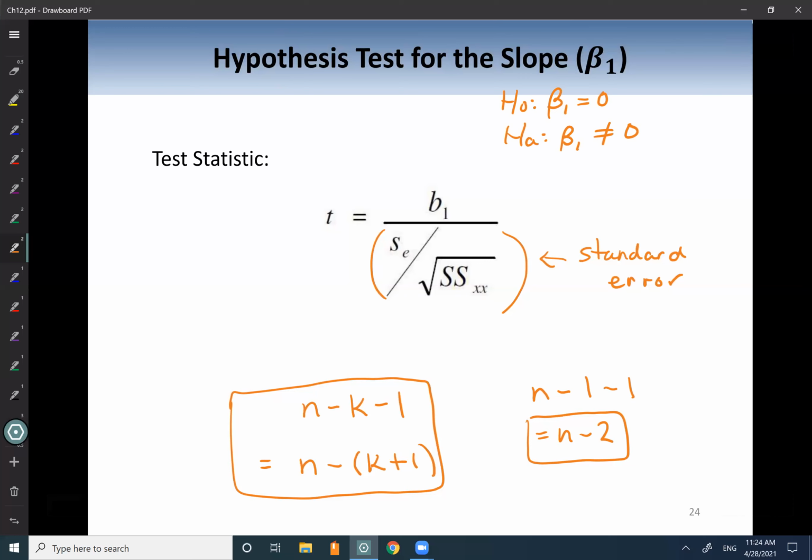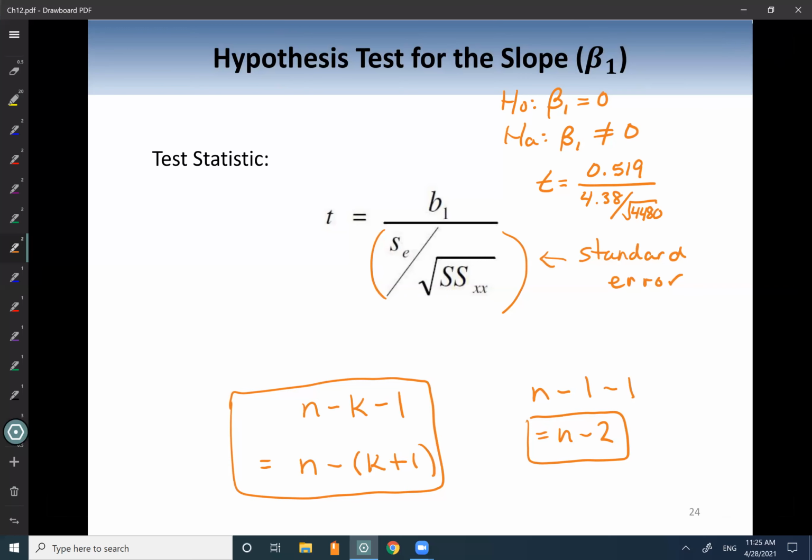We can put in our values that we calculated previously: 0.519 for the estimate of the slope coefficient. And then in the denominator, we calculated 4.38 for the standard error of the estimate. And for the sum of the squares for the x, we have 4480.